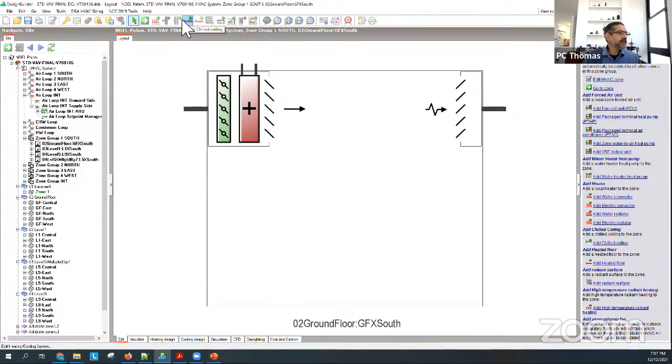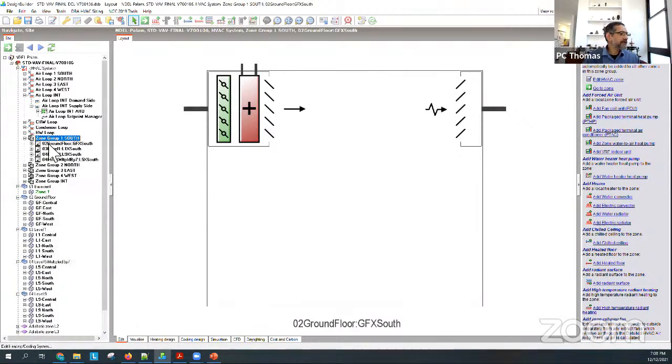Chilled ceiling, you can put it there. Zone exhaust fans, all kinds of different options are available. You've got to put the right thing into the zone. At this point, I've got a variable air volume box with a reheat coil and an extract, relief air. So you supply and you take away from that zone.